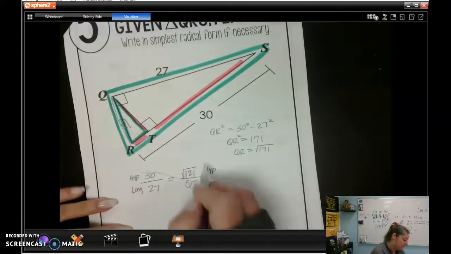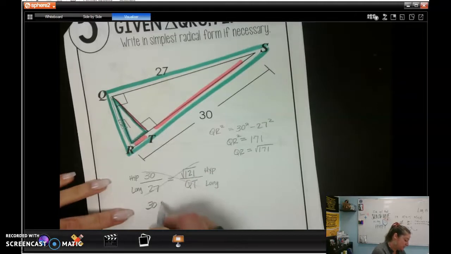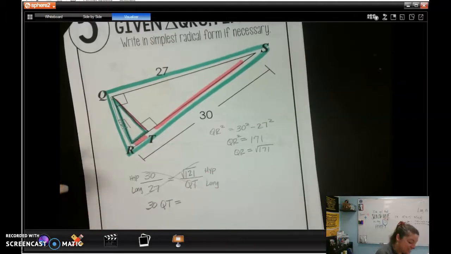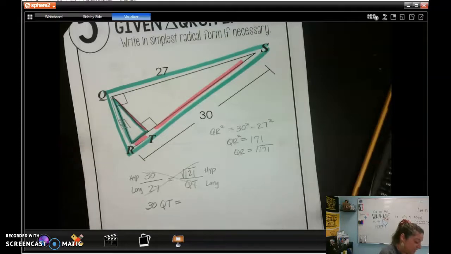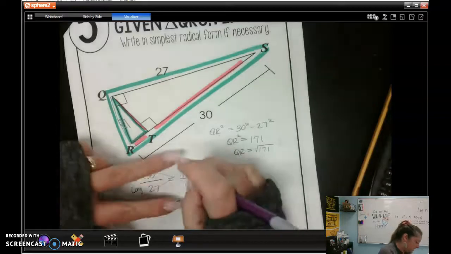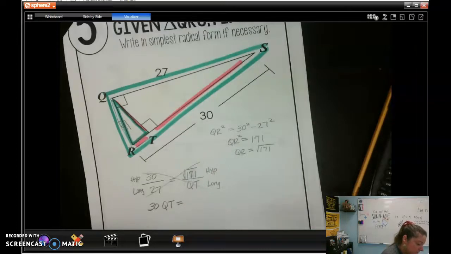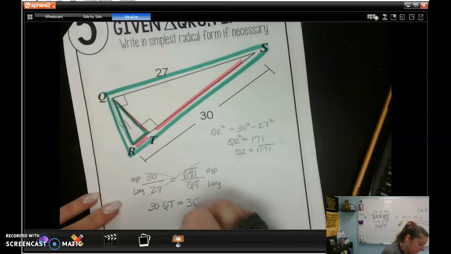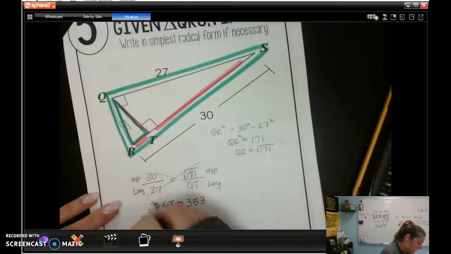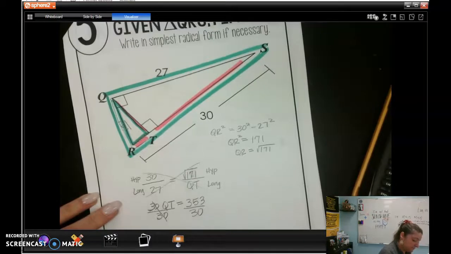Now, lucky for us, for this particular problem, there are decimals involved, which is amazing because who has time to figure this out, right? I apologize, that should be 171, not 121. So when I do that decimal, I'm at 353 and divide by 30. And we get 11.77.